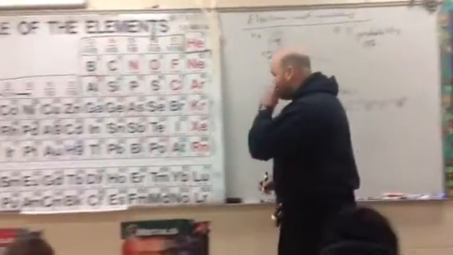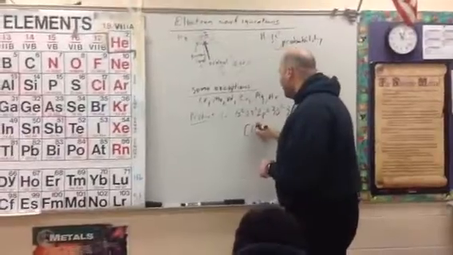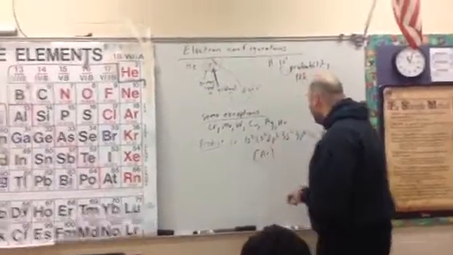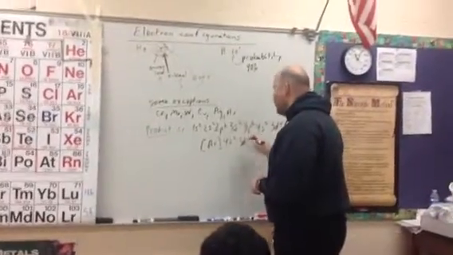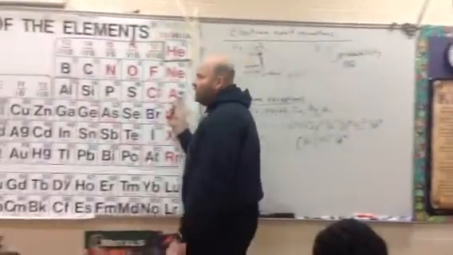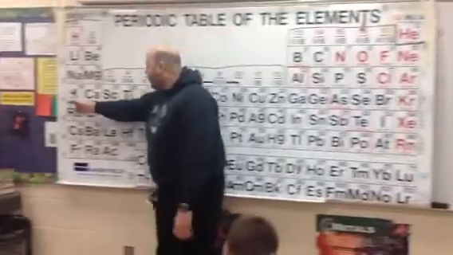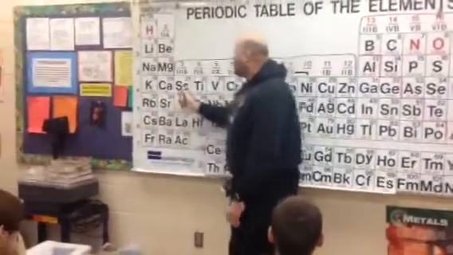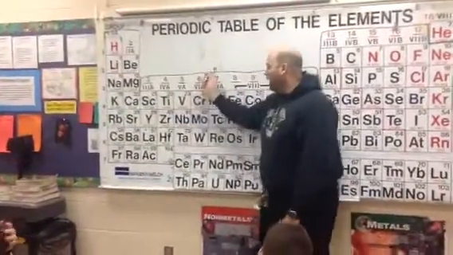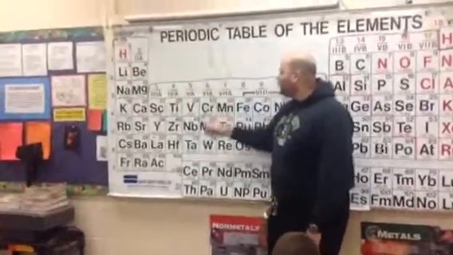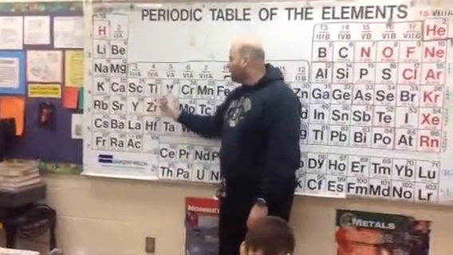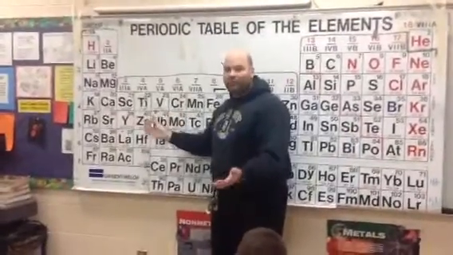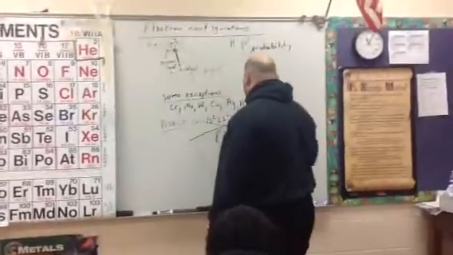Actually, if we did our shorthand, it would just be argon, and then you'd have 4s2, 3d4. So here's our argon, and then you'd have 4s2, and then remember when we get to the D sublevel, we subtract 1 from the row number for the energy level, so that'd be 3d1, 3d2, 3d3, 3d4, and that's what you'd predict. However, this is incorrect.